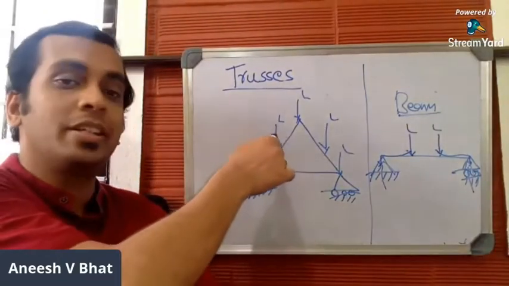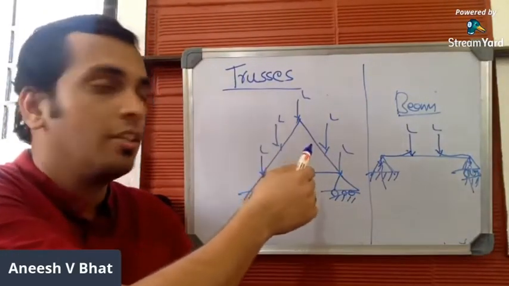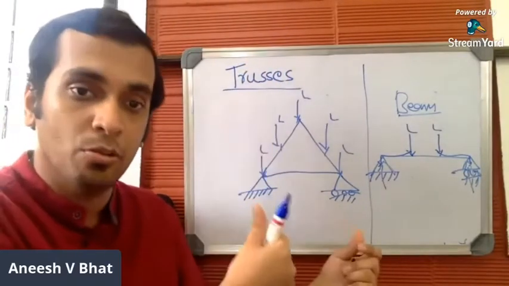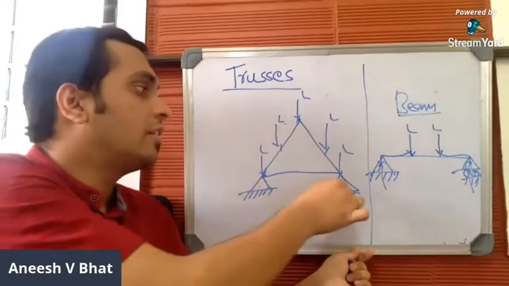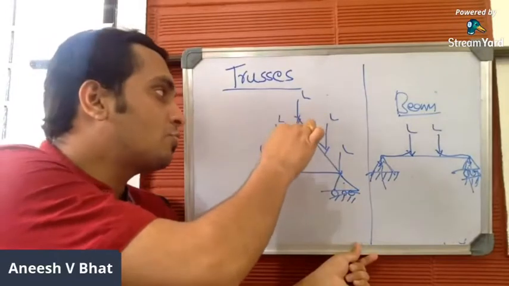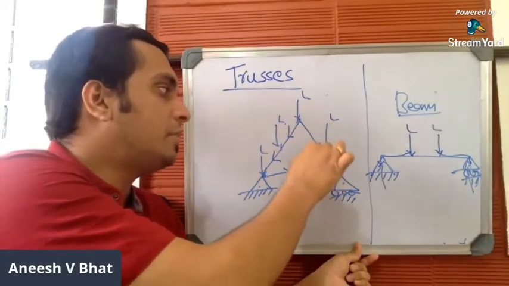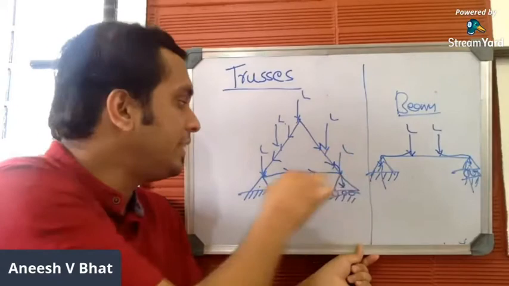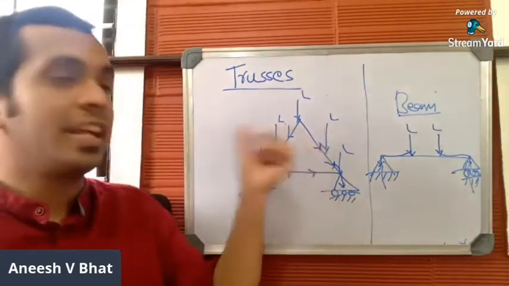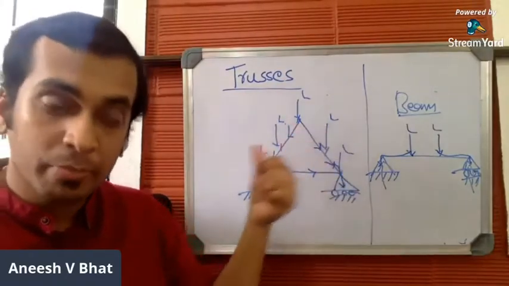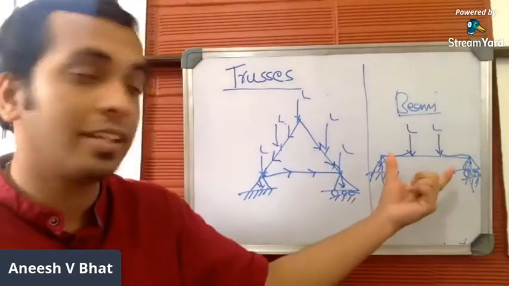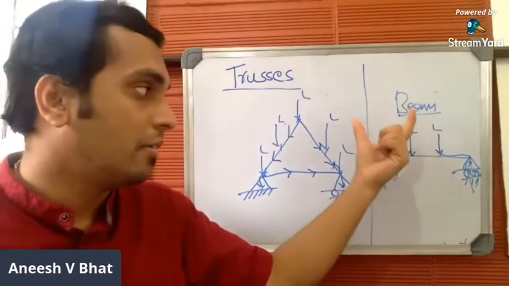But here in the case of trusses, when a particular truss carries some vertical loads, it will not be transferred to supports straight away. It will be passed through all the straight members, and finally it comes to the support.